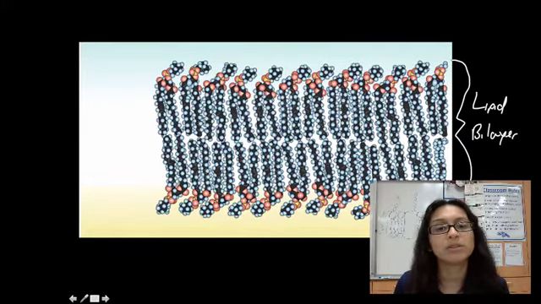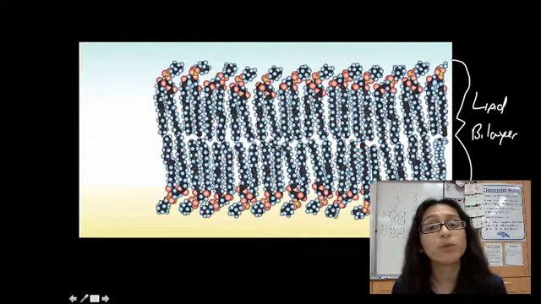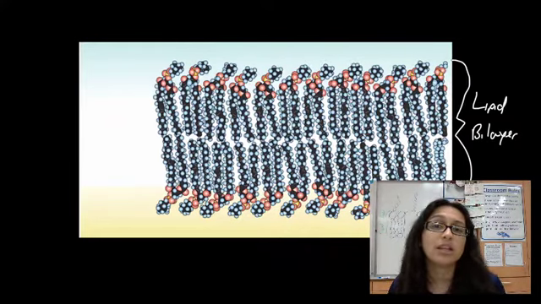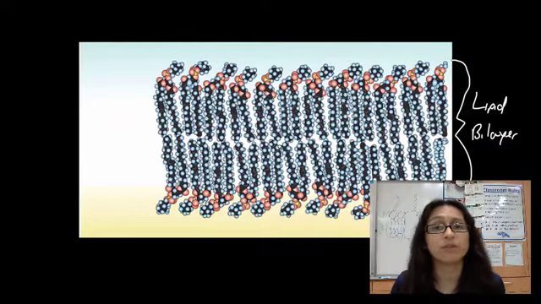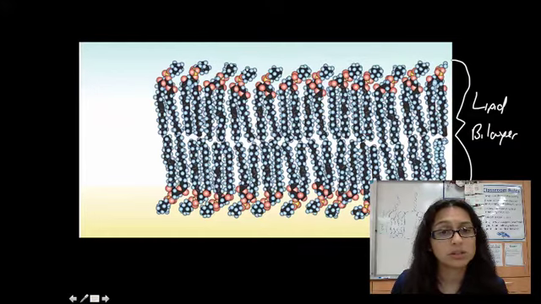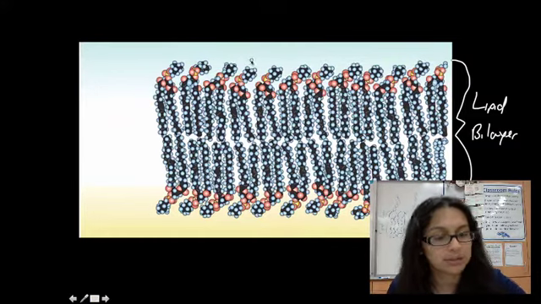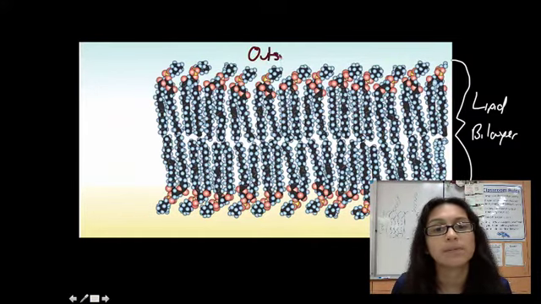Okay, so we have two layers of lipids, and if you remember, the reason why the lipids arrange this way has to do with the structure where you have a hydrophilic region and then you have a hydrophobic region. Let's say this is outside, this is inside the cell.